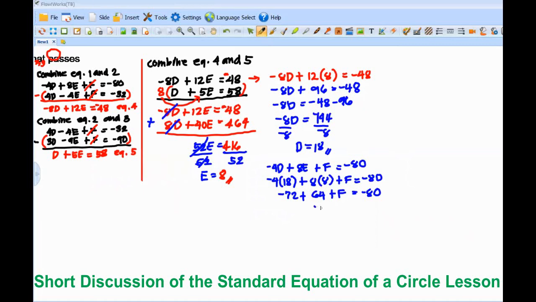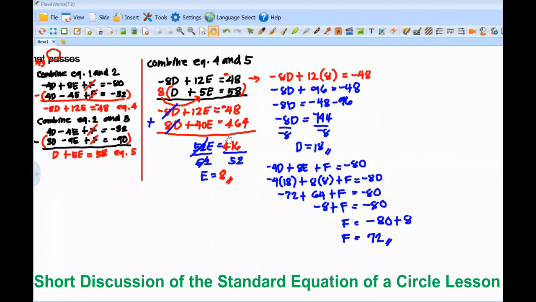Negative 8 plus F equals negative 80. F equals negative 80 plus 8. F is equal to negative 72.